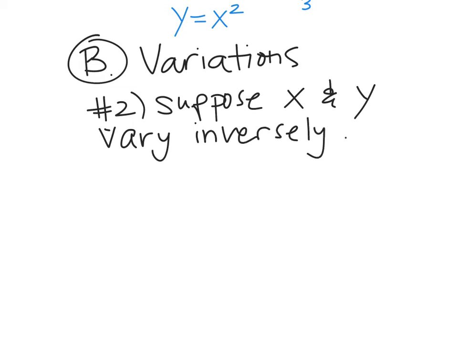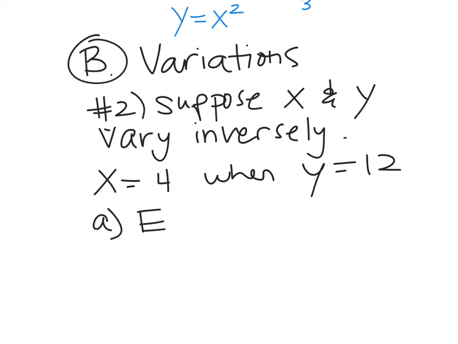The last one was number 1. They had A, B, C. All right, suppose that x and y vary inversely. So they have to tell you which way it varies, directly or inversely. And then they'll say that x equals 4 when y equals 12. This is what we're going to do. We're going to write an equation for the situation.